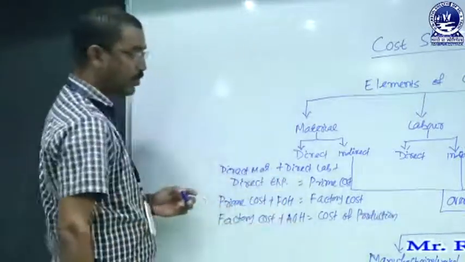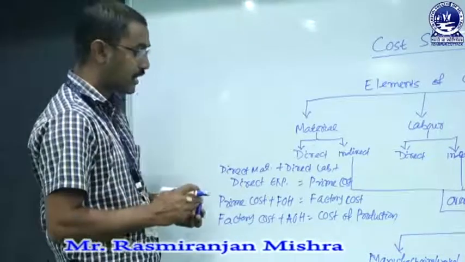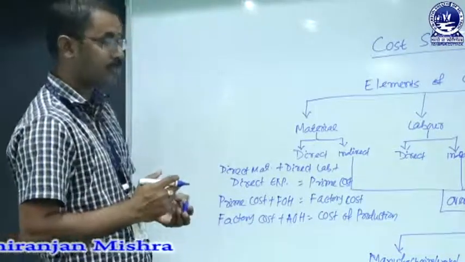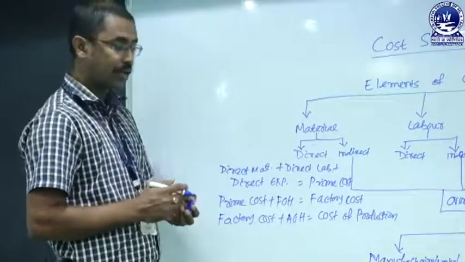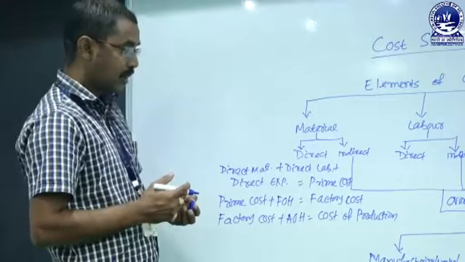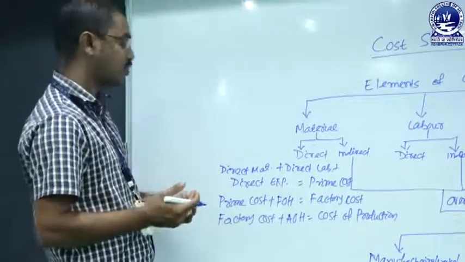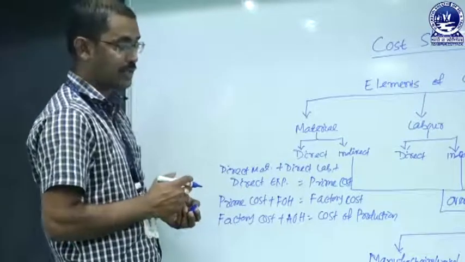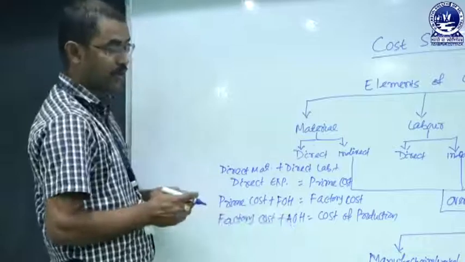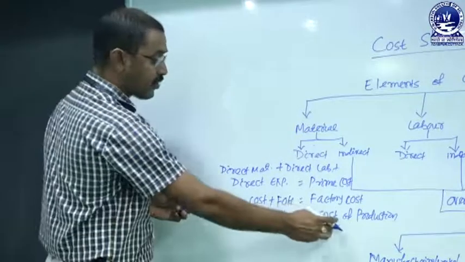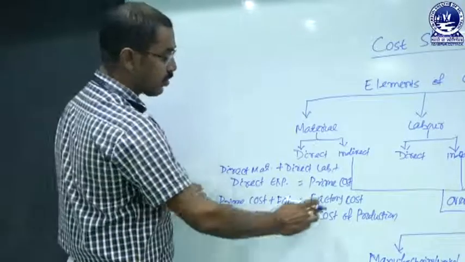Administrative or office overhead means the expenses purely related to administrative or office purposes, for example office manager's salary, office rent, office lighting, telephone bill, telegram, or any other expense purely related to office purposes. So the cost of production is found by adding factory cost with administrative overhead.